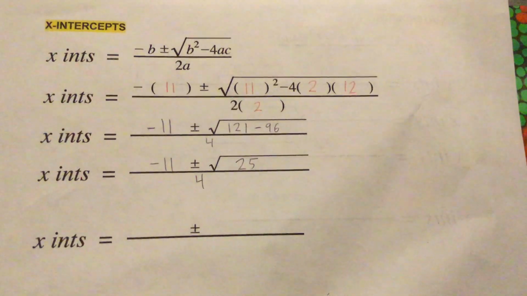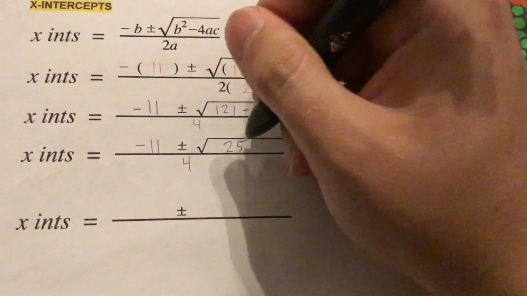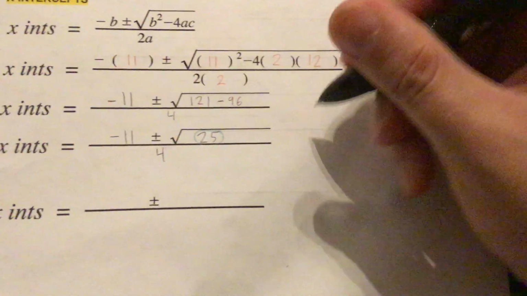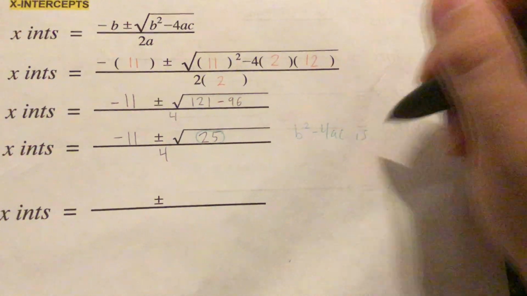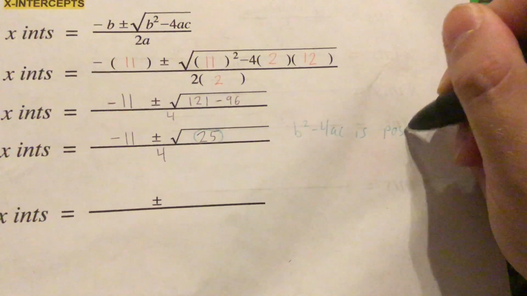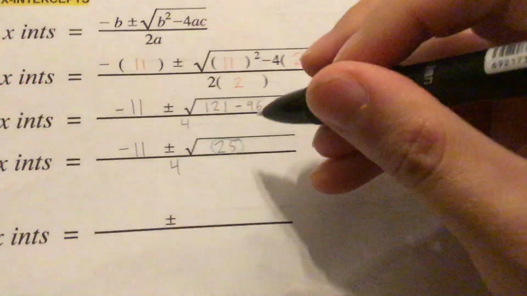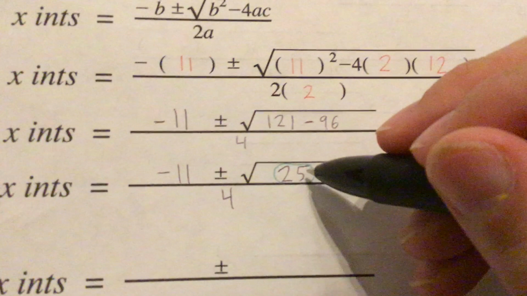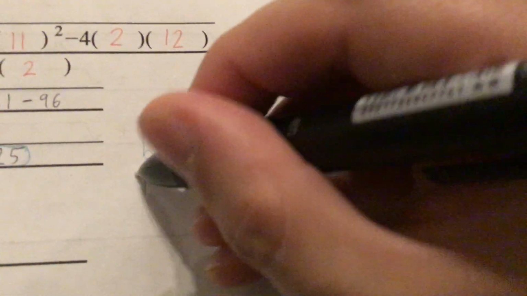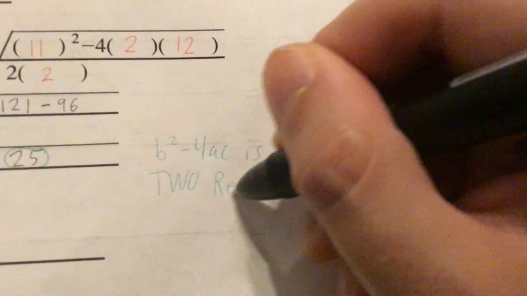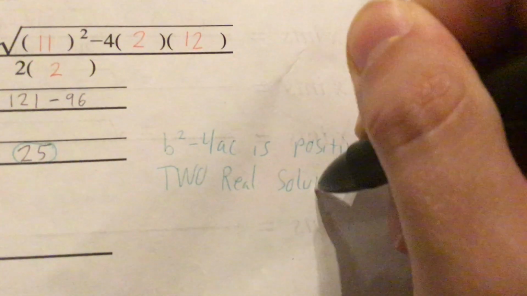So now I'm going to pay attention to this inside. Specifically, the discriminant b squared minus 4ac is positive. If the discriminant is positive, that means there's going to be 2 real solutions.